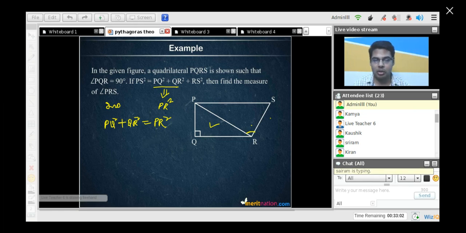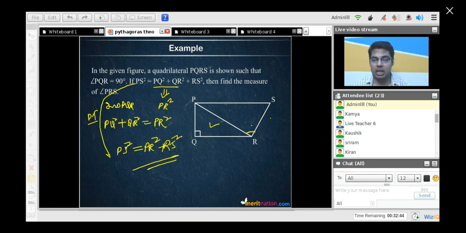Now we can rewrite the expression given: PS square equals PR square plus RS square. Just try to understand, we have been given that PS square is equal to this square plus this square. So whenever we have this, the angle opposite to this side is the right angle. Yes or no? Are you getting this point?